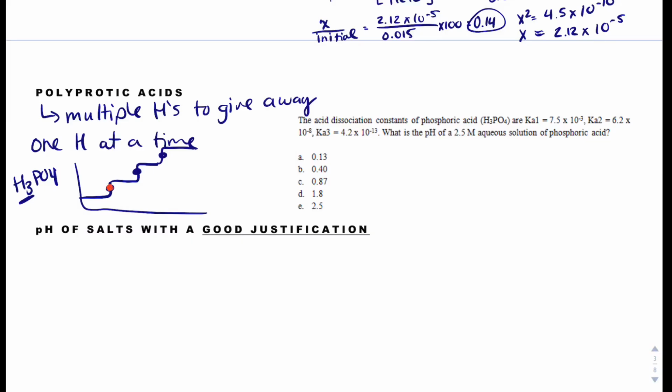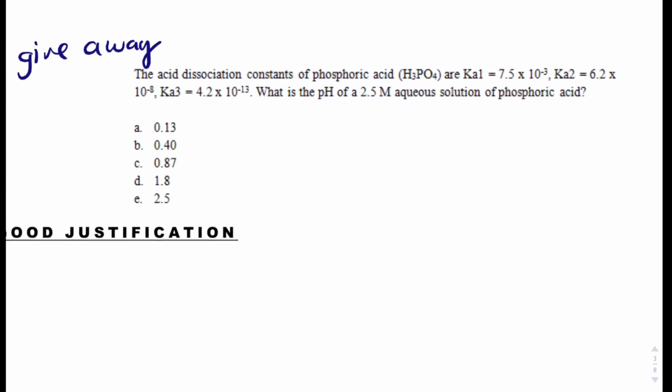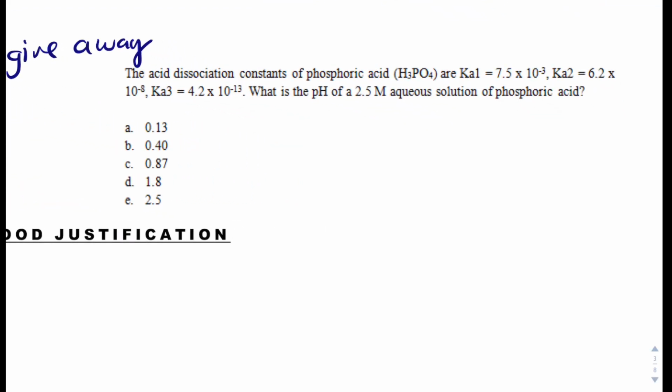Okay, 3 equivalence points because I have 3 H's, and as I take off an H, it becomes increasingly more difficult.